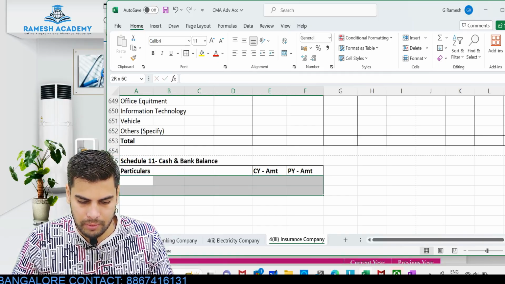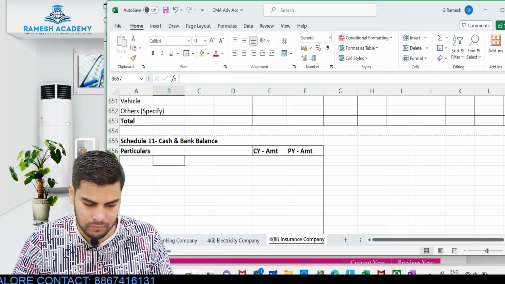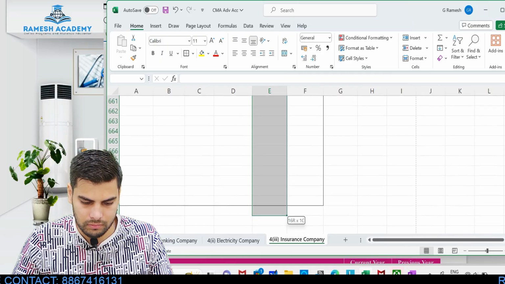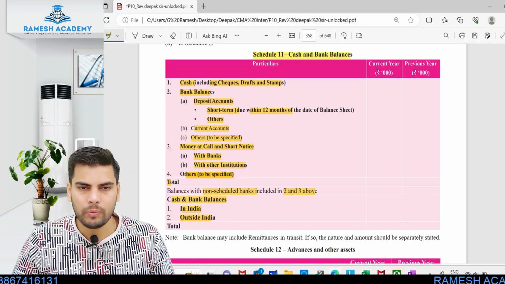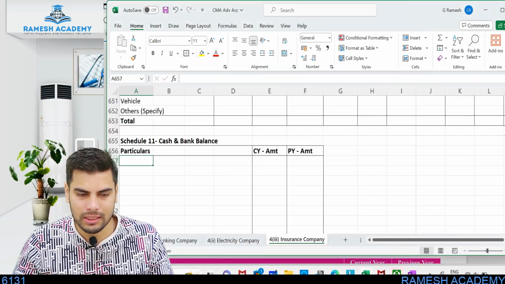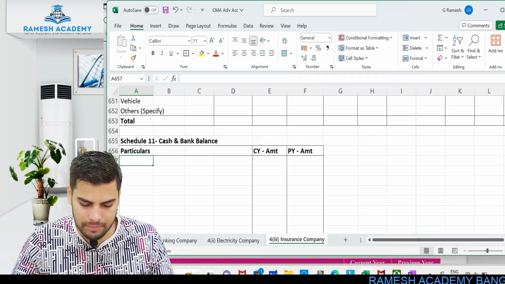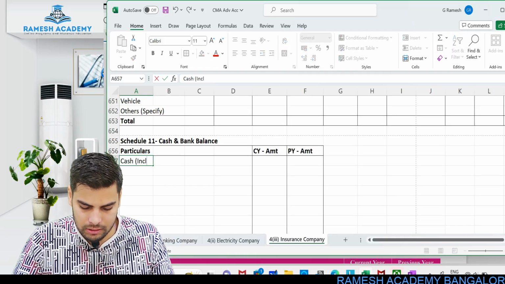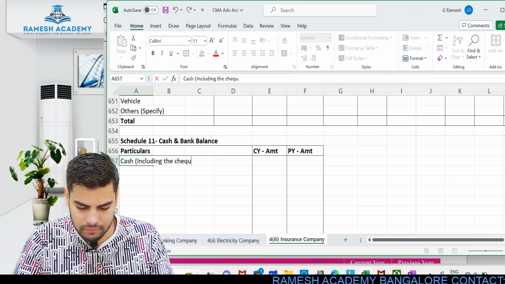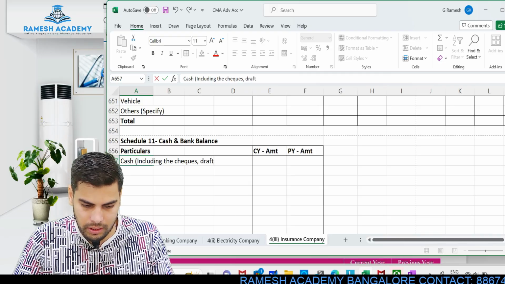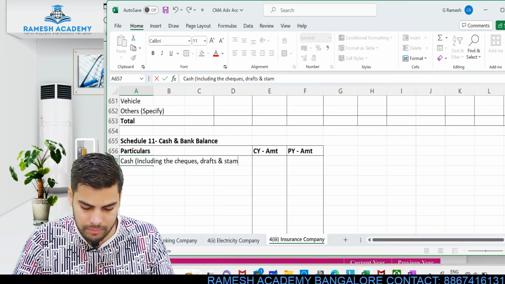So cash and bank balance. The first thing would be the cash, including the checks, drafts as well as the stamps. So cash including the checks, drafts and stamps.